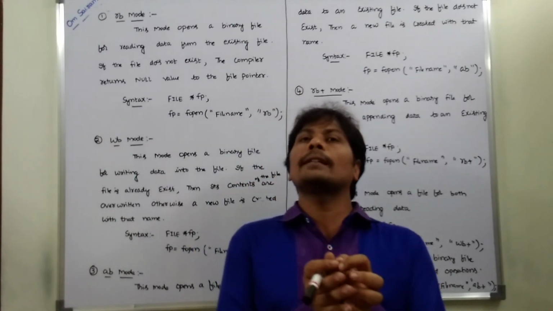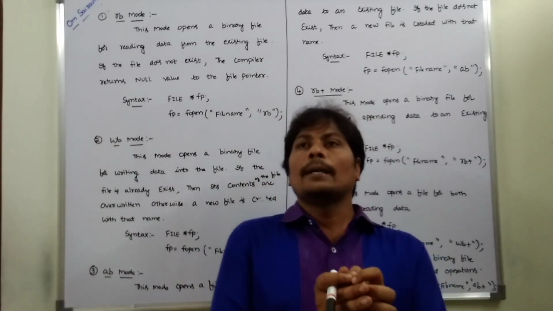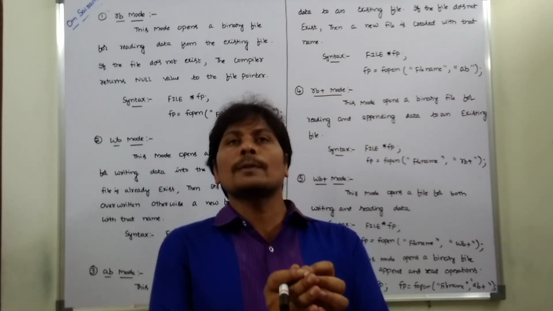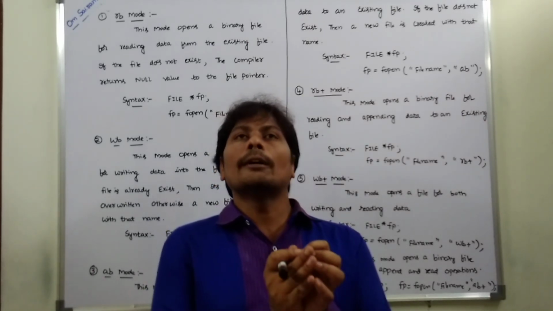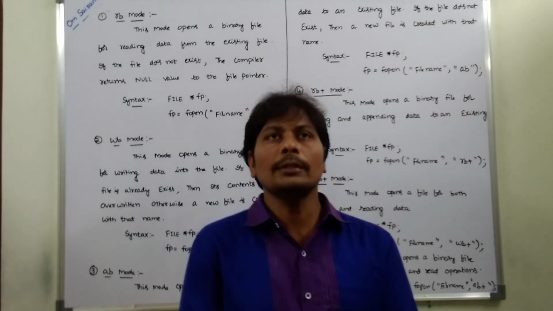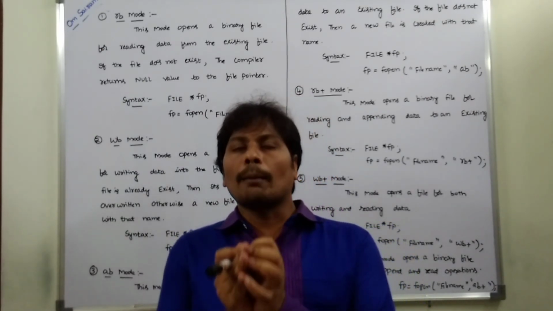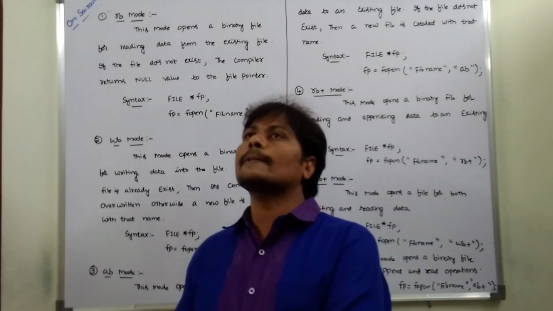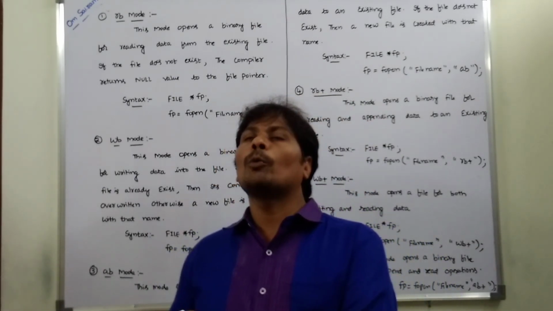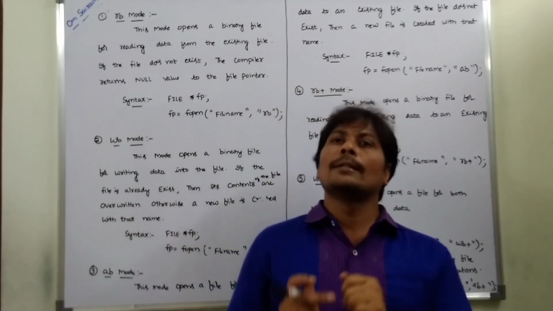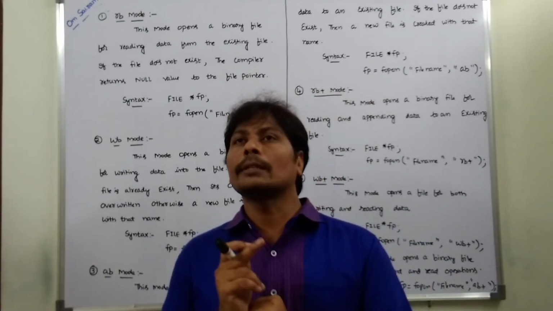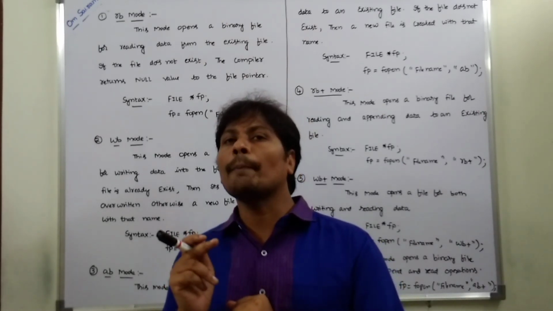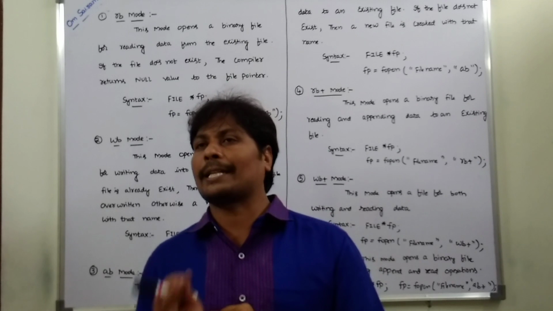The difference between these two is that in text file modes, we use read mode, write mode, append mode, R plus mode, W plus mode, A plus mode. In the case of binary file modes, we add the letter B. That is RB mode, WB mode, AB mode, RB plus mode, AB plus mode, WB plus mode.